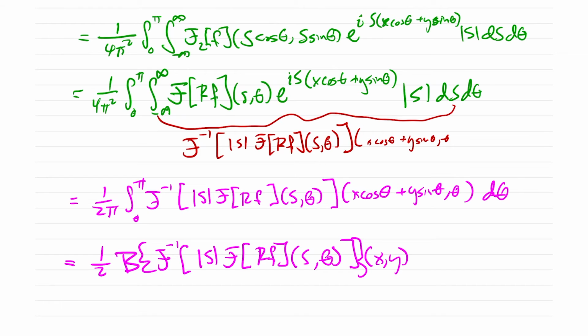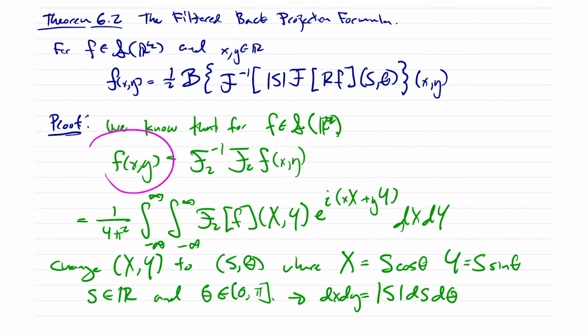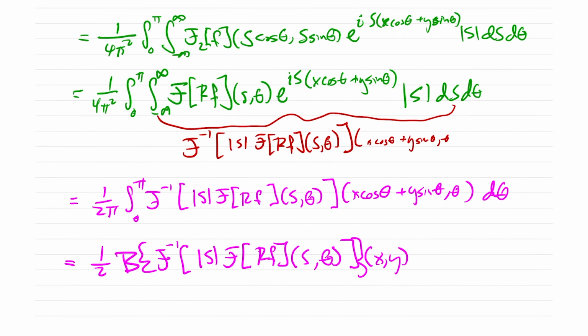Okay. And so thus, if we compare two sides, we have f of x over here, and then we just have a chain of equalities that leads us back to where we started, which is that this is equal to f of x, y. And we're done.